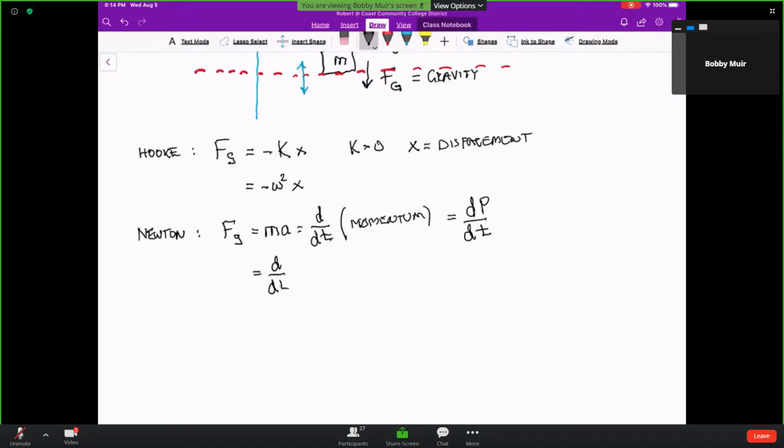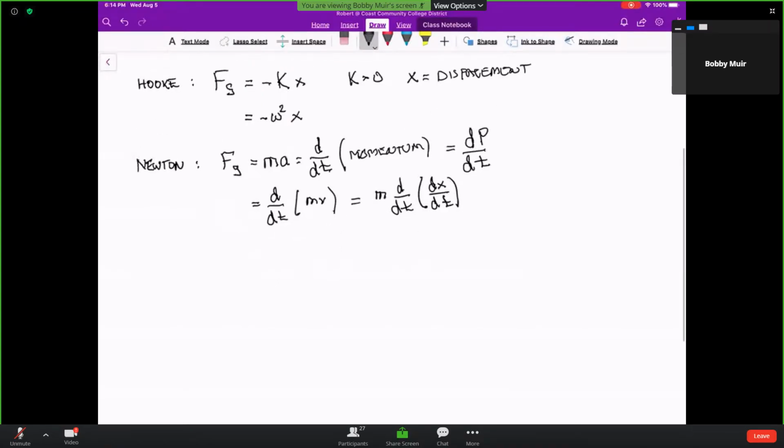As you do this, you write down, well, the momentum is m times v. Okay, now the mass is constant, and so we're going to have m times the derivative with respect to t of velocity, and velocity is dx/dt, right?